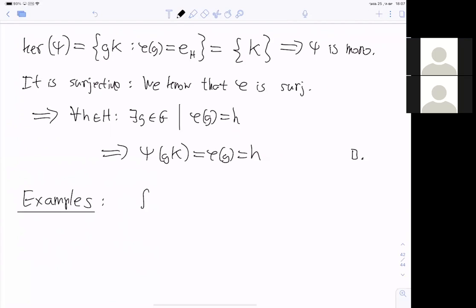We can take f from Z to Zn. Zn is Z modulo nZ. This is the shifts of nZ. You have n such shifts. This is exactly Zn, because you can shift nZ by 0, by 1, by 2, until n minus 1.